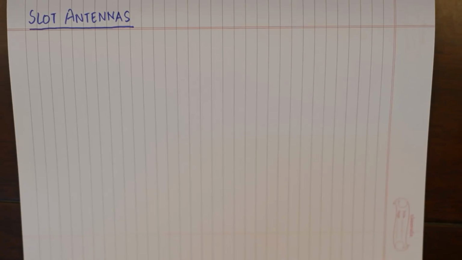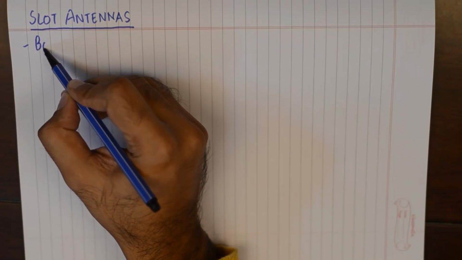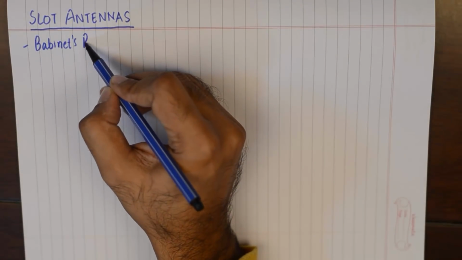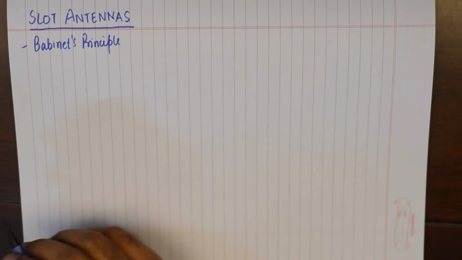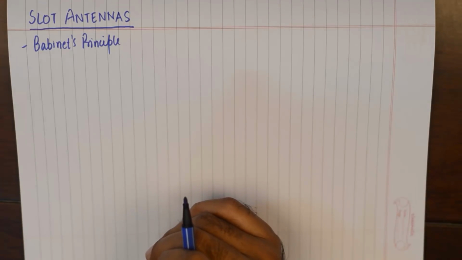They work on a specific principle known as Babinet's principle. So we are going to study Babinet's principle to understand why slot antennas were made and how they are better than lambda by 2 dipole antennas.